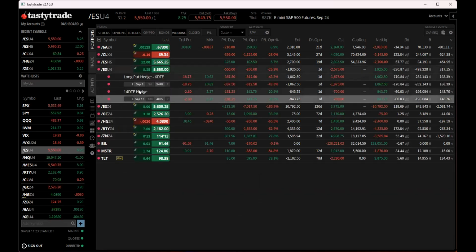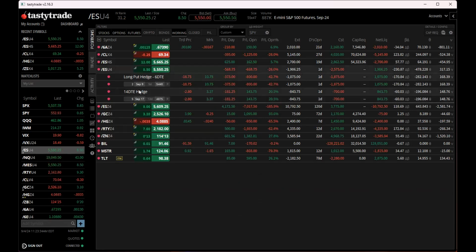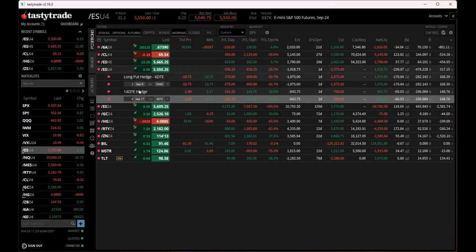I did throw on a new 14 DTE hedge yesterday, so there's a delta hedge for me. A good delta hedge is a good volatility hedge too. You don't have to hedge VIX itself. You can just have a lot of volume inputs. And what I did yesterday, when I put this 14 DTE on, was go down just a little bit more and grab 5 contracts instead of the 4 I did last time.